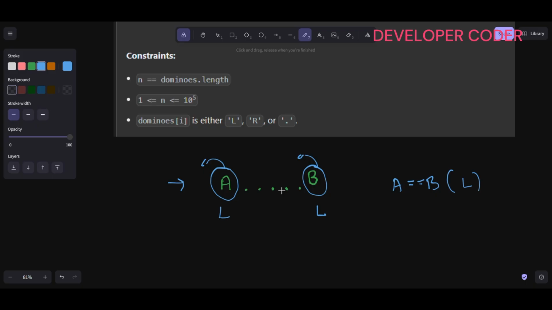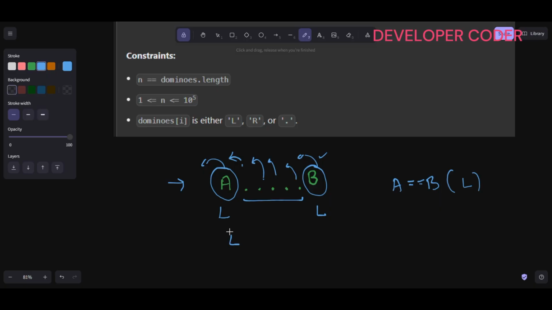So all these dominoes will also fall into the left direction only. This one also to the left, this one is also in the left because of this.